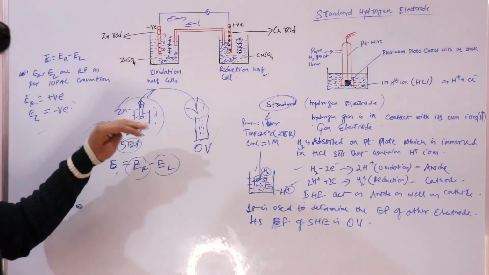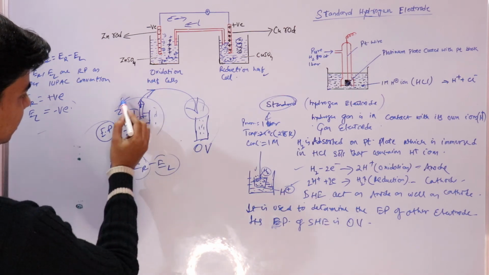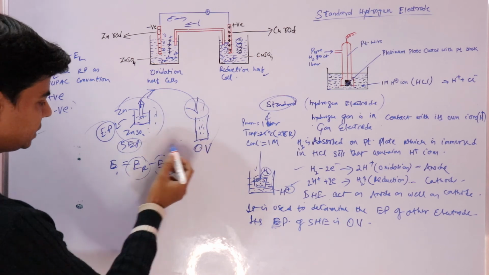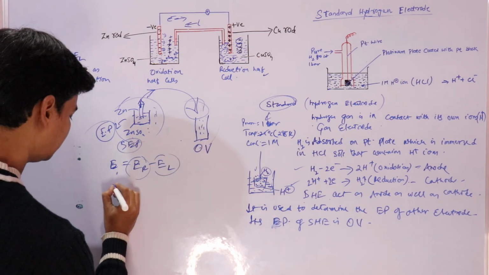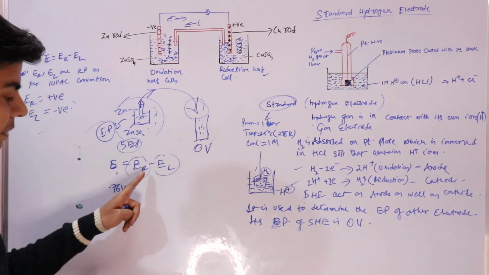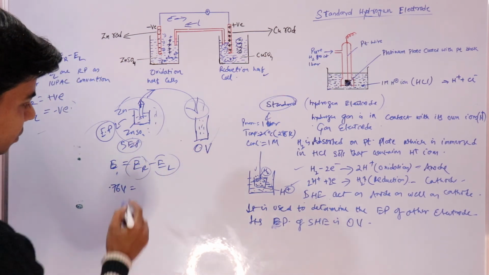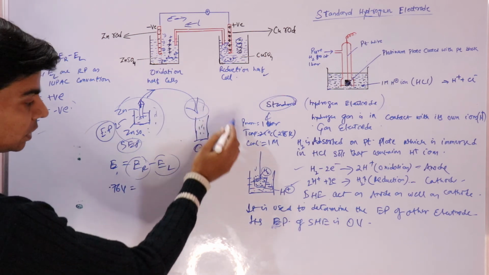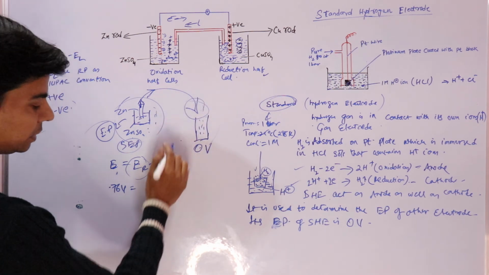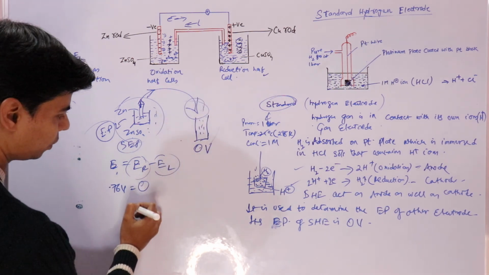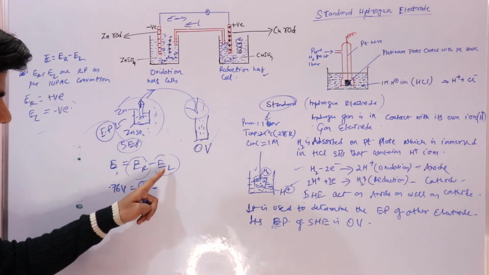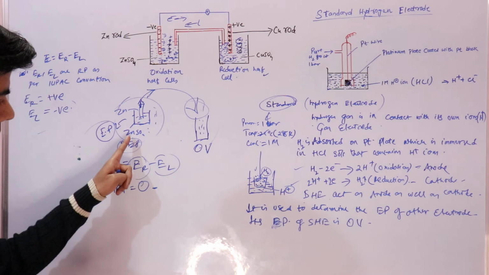So say experimentally it's been determined that the EMF of this cell when zinc is coupled with SHE is 0.76 volt, right? And ER is reduction potential of the one that is on the right, that is SHE, right? So we know that standard reduction potential of SHE is 0, right? Minus, and this is what? This is the reduction potential of anode, right?